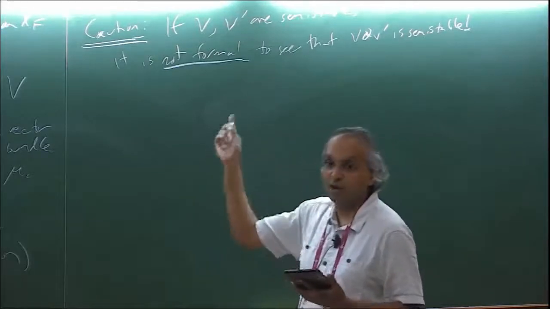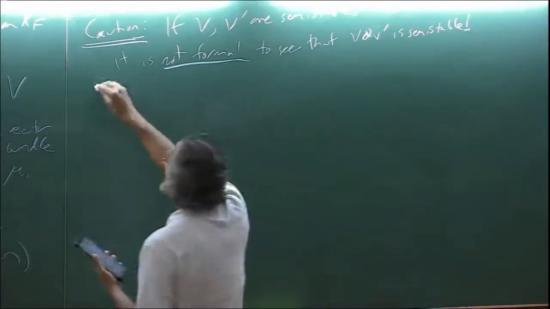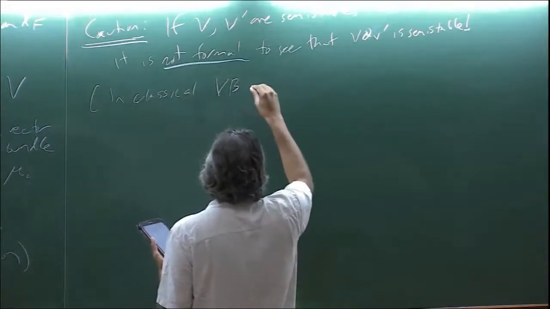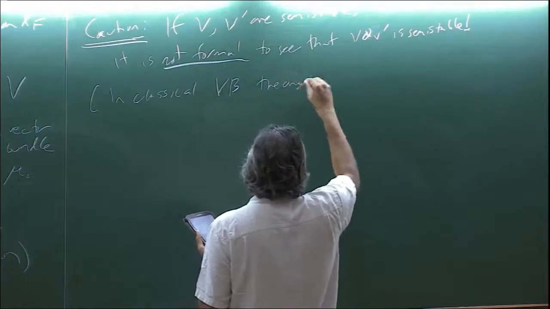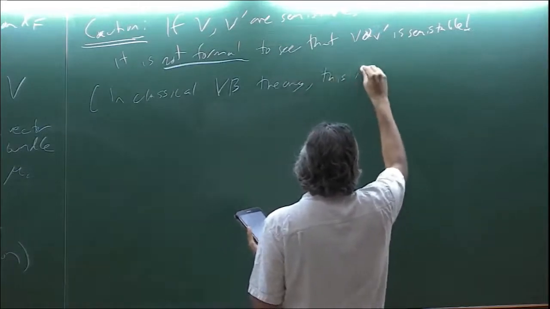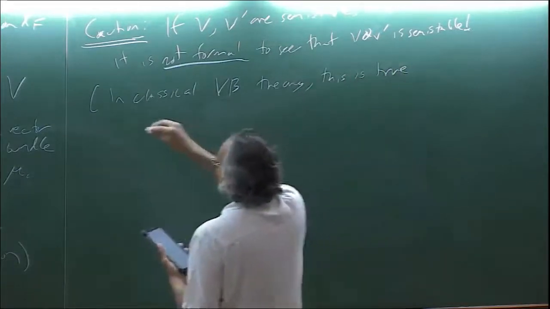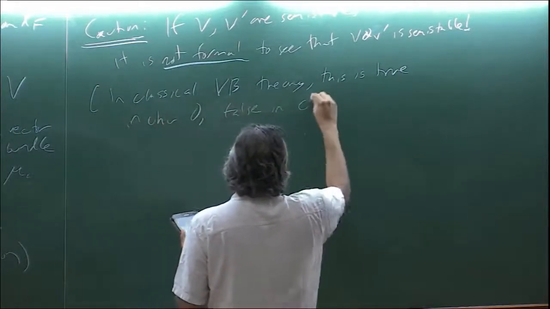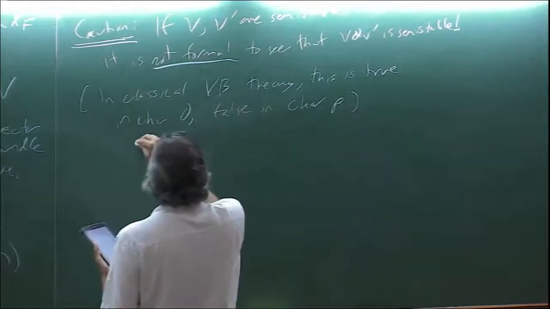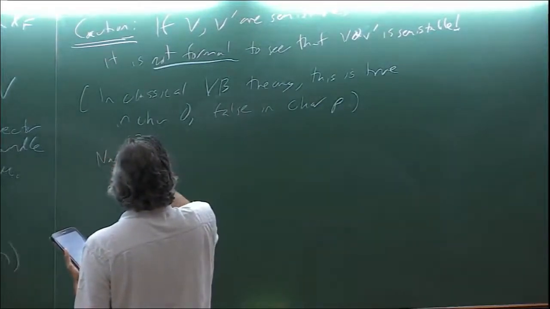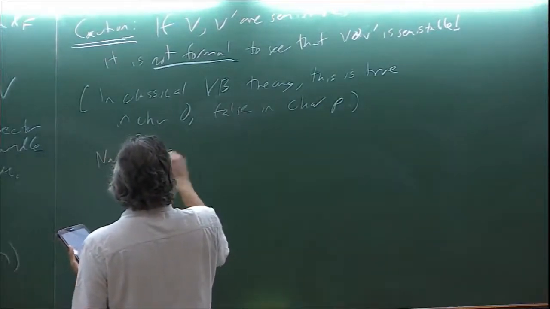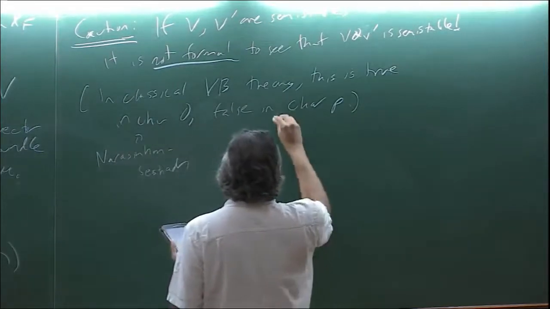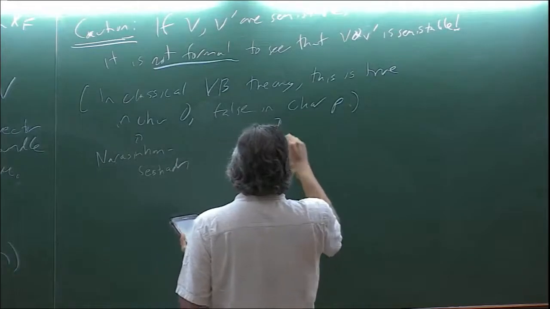This is true in characteristic 0 and false in characteristic P. The truth of this in characteristic 0 follows from a theorem that I'm going to mention later by Narasimhan and Seshadri, because we have an analog of that. And the failure in characteristic P is due to Gieseker.